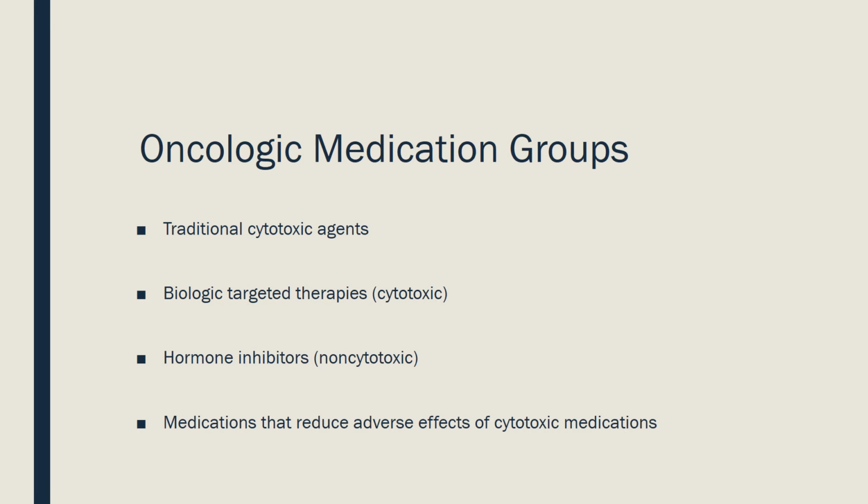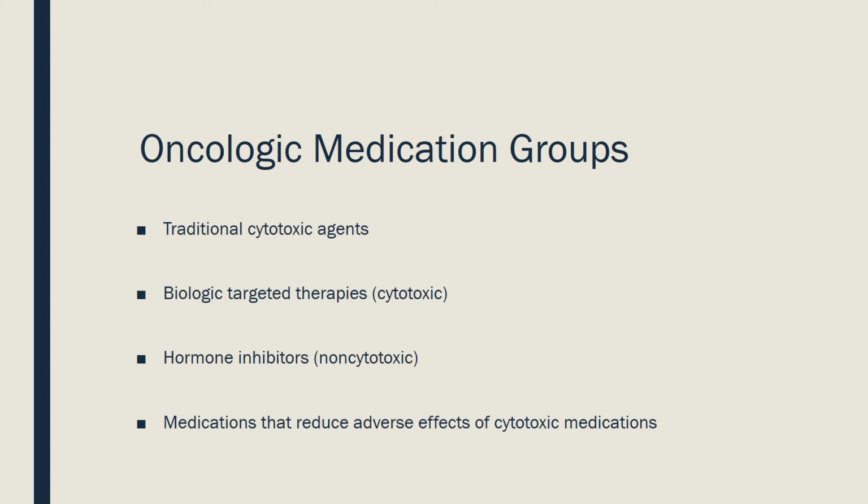Okay, then again, these are certain medication groups. Traditional cytotoxic. Cytotoxic means cyto is cell, toxic is toxic. So we know that these medicines, with a name like that, are going to be damaging to the cells, right?